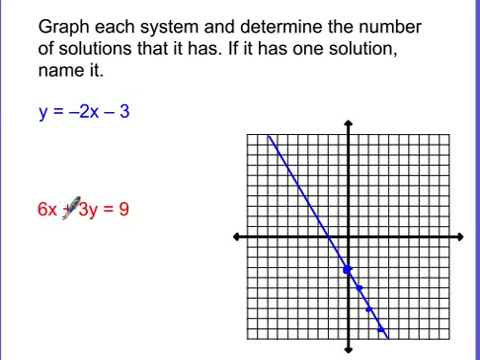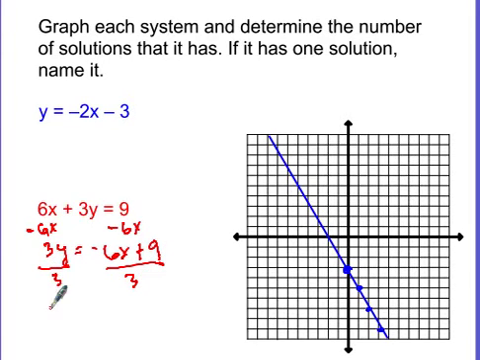And then let's solve this one for y. So subtract 6x. 3y equals negative 6x plus 9. Divide by 3. So y equals negative 2x plus 3.